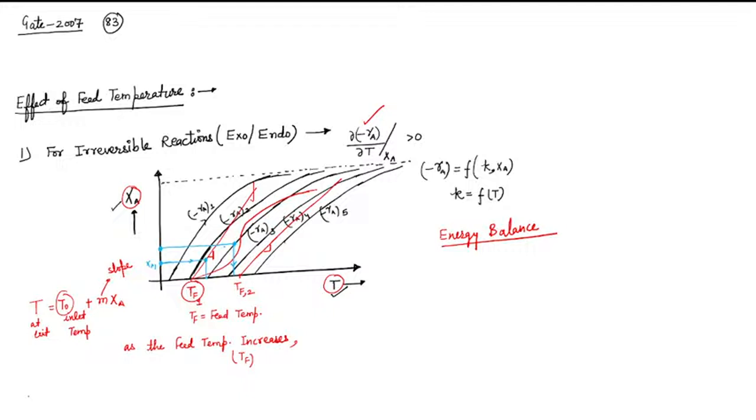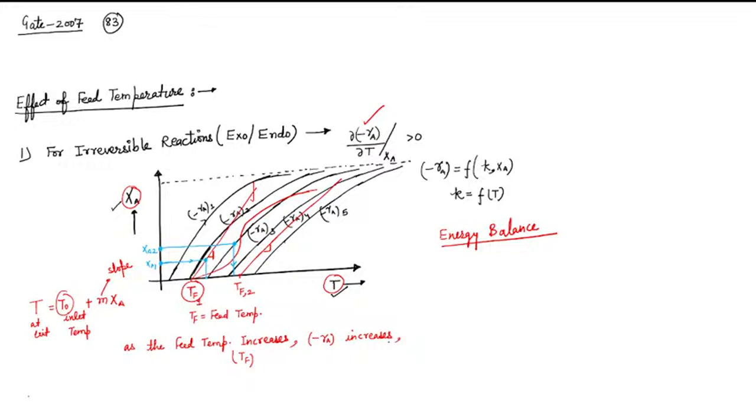So is the rate increased or decreased? What will be the effect on the rate? As the feed temperature increases, the rate increases. Minus Ra increased. The rate of disappearance of A increases for irreversible reactions, either endothermic or exothermic.